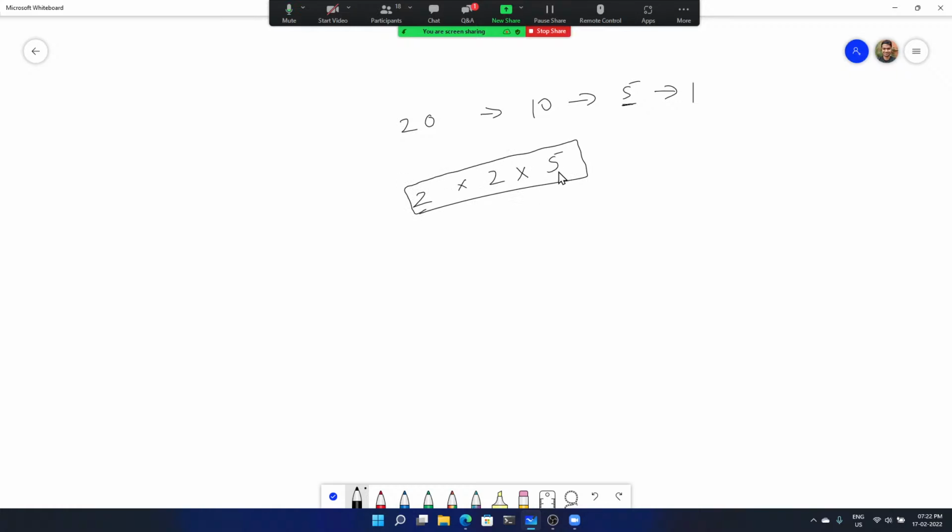For this, you have to go through a lot, right? You have to keep on dividing by prime numbers to get the prime factorization of a number. But what if we can use the sieve to do the prime factorization faster? Do you think we can use the sieve to do it faster?